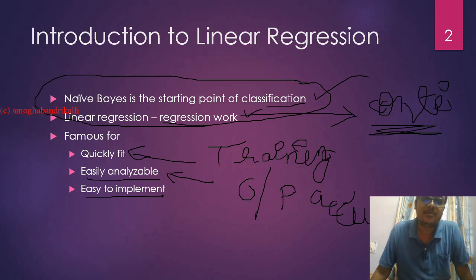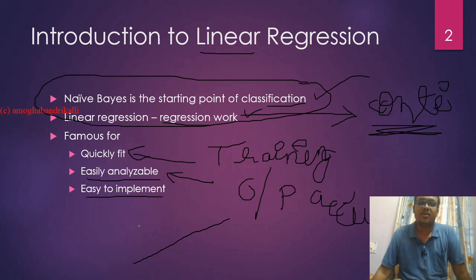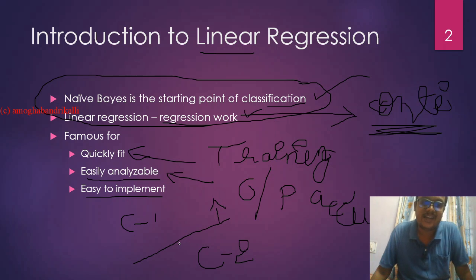It is easy to implement. Linear means a straight line. A straight line is drawn between class 1 and class 2. It is easier to implement because a straight line is going to fit the two classes. Fit here means the training part.